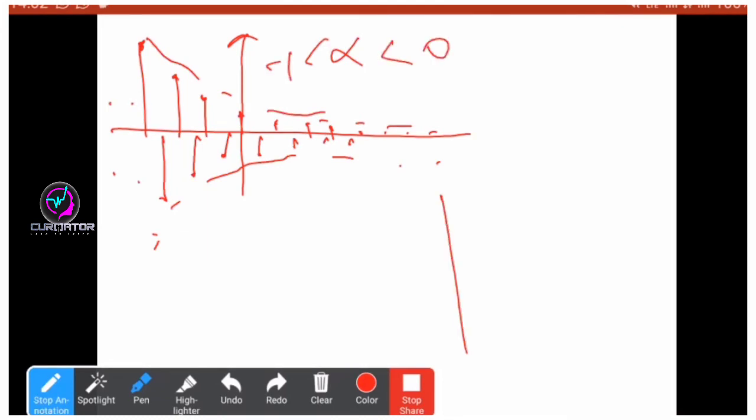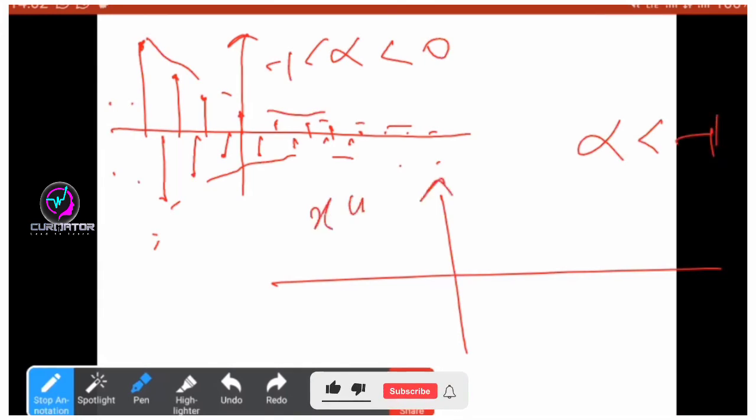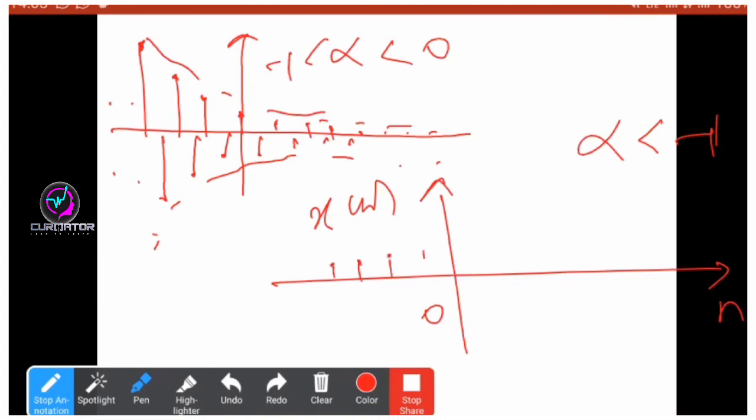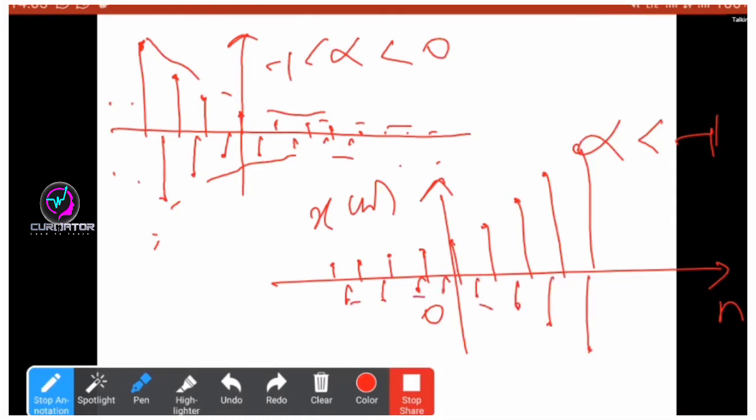And if alpha's value is less than -1, our signal x of n will be like this, sinusoidal, and at the same time it will be an exponentially increasing sinusoidal signal. This intercepting point will be C.